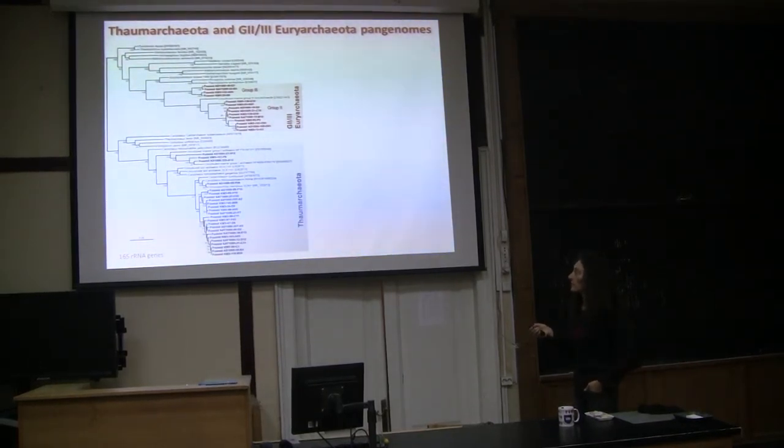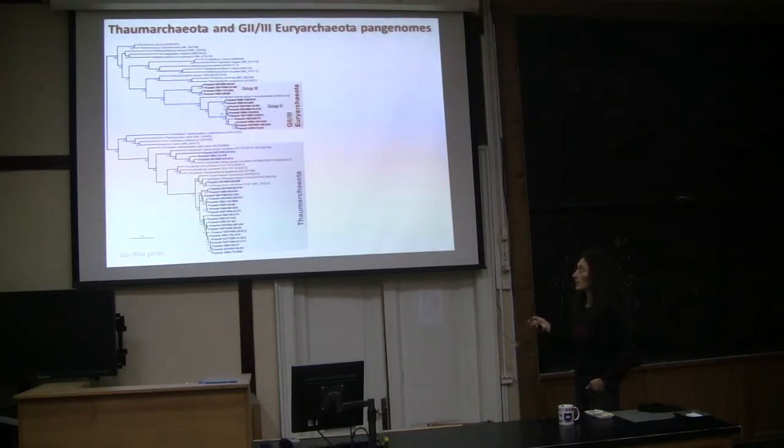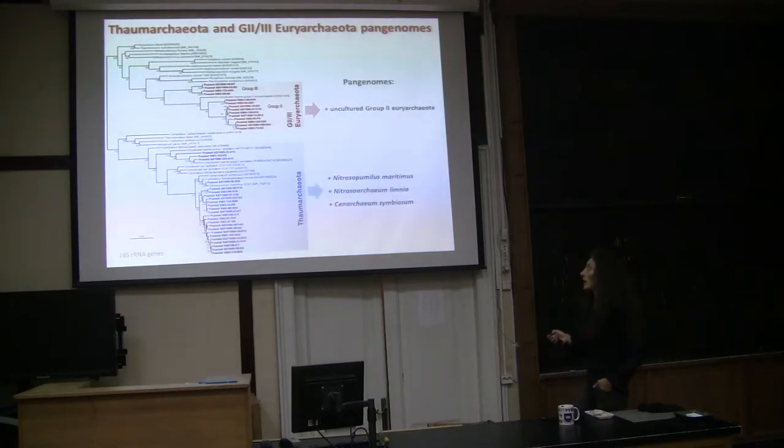All the sequences here in color correspond to fosmids that we got and that contain 69 ribosomal RNA genes in our case. In the case of Thaumarchaeota, we also included 3 additional reference genomes from databases. And in the case of Euryarchaeota, the only available genome, the composite genome that I mentioned before, obtained by direct metagenomic sequencing.